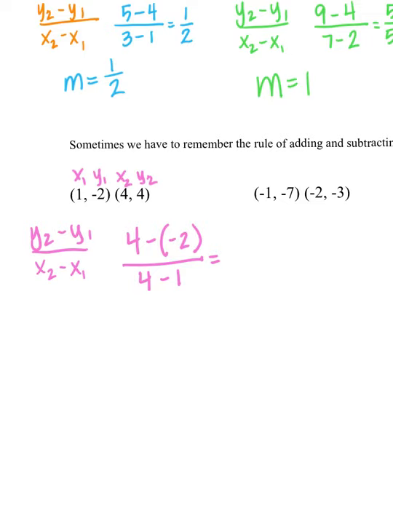So 4 minus negative 2 is 6, and 4 minus 1 is 3, and we can reduce that to M equals 2.